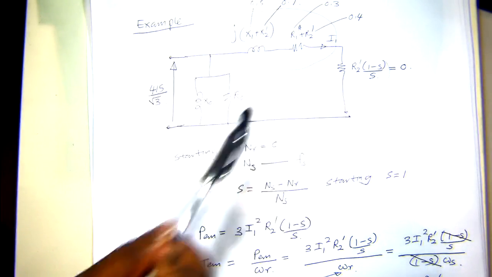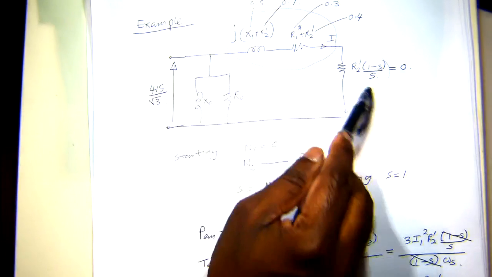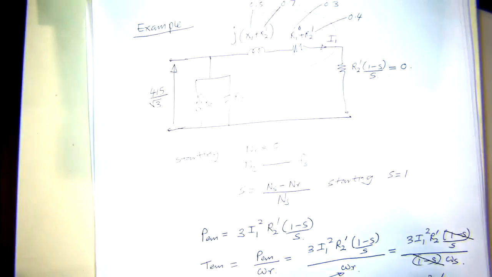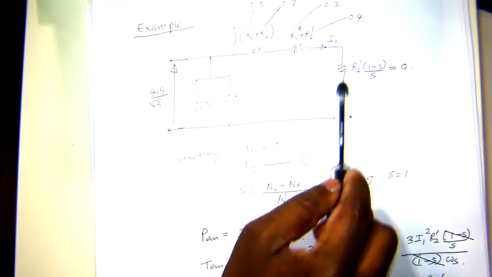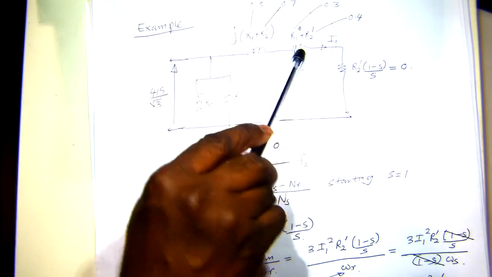If you lock the shaft, let's say locked rotor condition, the slip is 1. Slip equals 1 means this is 0. This here is 0. So that's like a short circuit condition on the equivalent circuit. Then the majority of the current will flow through this path. So with that test you can determine these two elements.